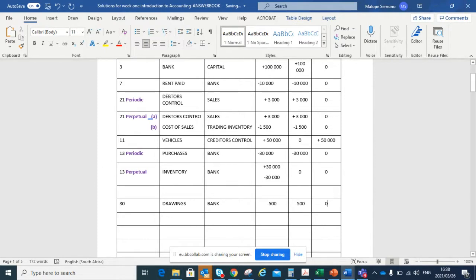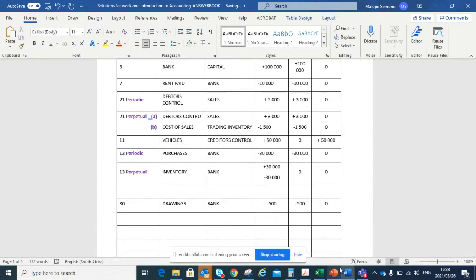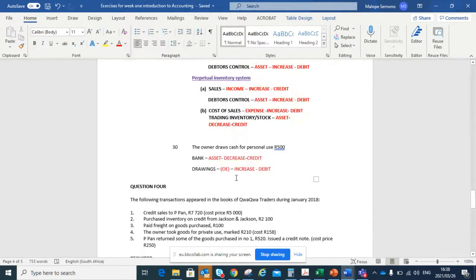Listen now, just like that. Let's go back to the 30th. Can you see here? Next time the owner can decide to take inventory. The only thing that will change will be bank. Instead of bank, you write inventory if the owner took goods for own use. But if you were under perpetual, you won't write inventory, you will write purchases.